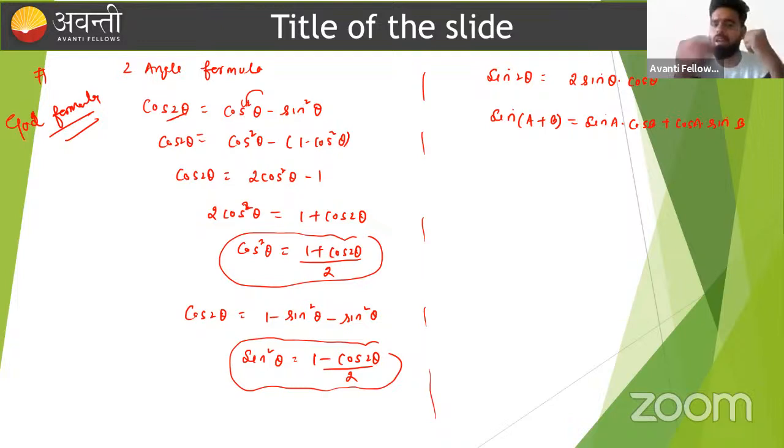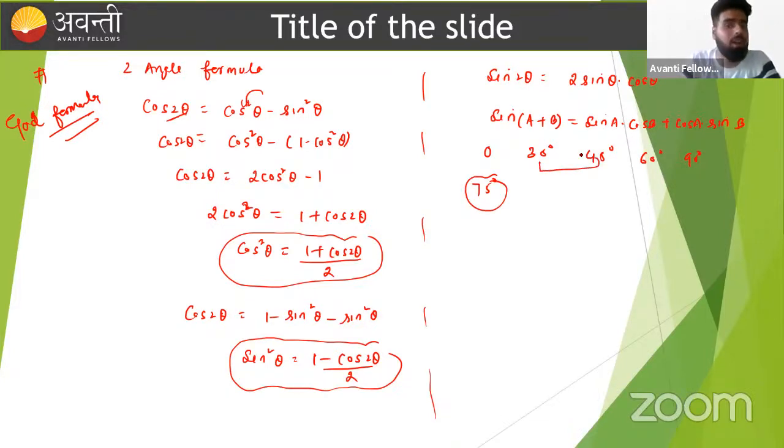Then we have to think that if we know 0 degree, 30 degree, 45 degree, 60 degree, 90 degree, how can we add or subtract any two angles so that we can find out 75 degree. Then we can say that if we add 30 plus 45, we can develop 75 degree. Okay. So in such type of question, we also have to know some basic values, and whatever you learned in your 10th standard, I assume that.